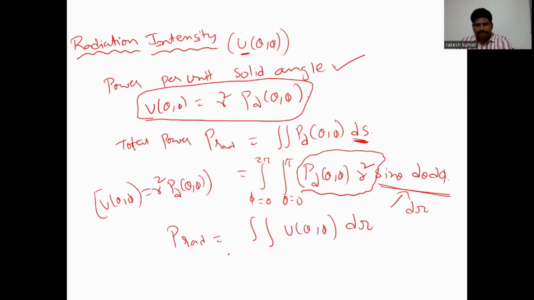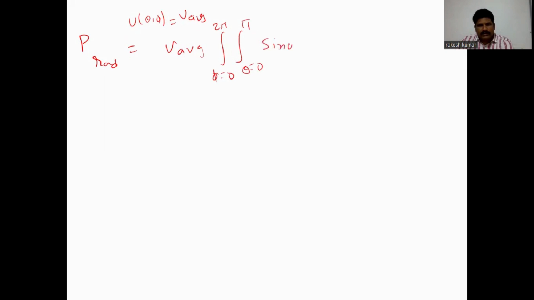Here, for P radiated, we can consider U of theta comma phi as U average. Therefore, U average times the double integral, phi range from 0 to 2 pi, theta range from 0 to pi, of sine theta d theta d phi.